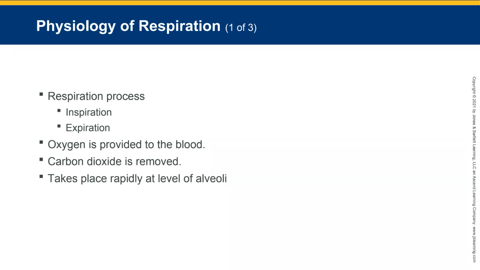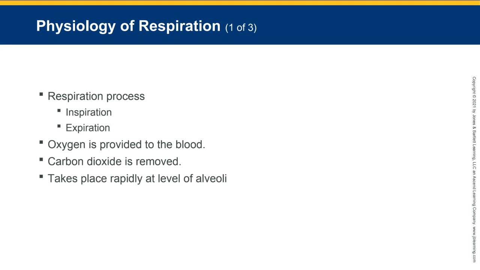Now, the physiology of respiration. The respiration process, and it's really ventilation we're talking about at this point, has inspiration and expiration. One is active, one is passive. The active phase means that the intercostal muscles and the diaphragm contract.